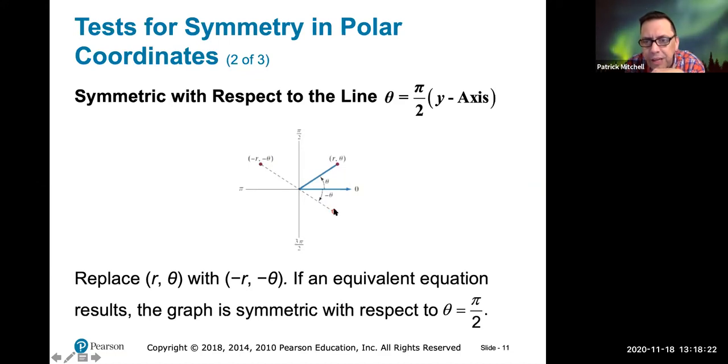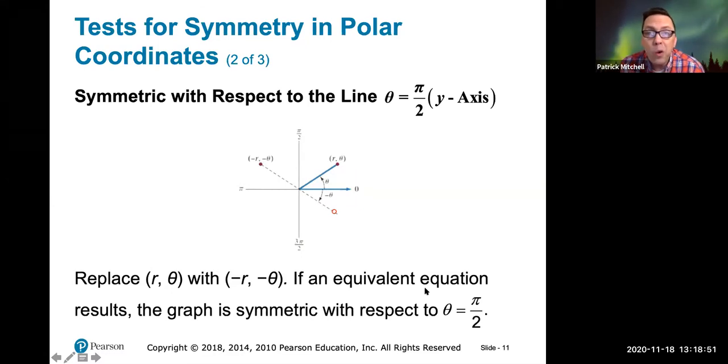If you change the r to an opposite r, then that's going to be the mirror image of your original point across the y-axis. So the way to test for symmetry with respect to the y-axis, aka the line theta equals pi over 2, you replace r theta with opposite r opposite theta. And if you get an equivalent equation, then the graph is definitely symmetric with respect to that line.